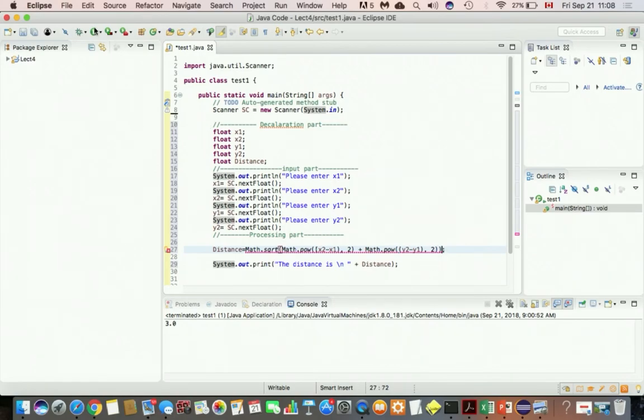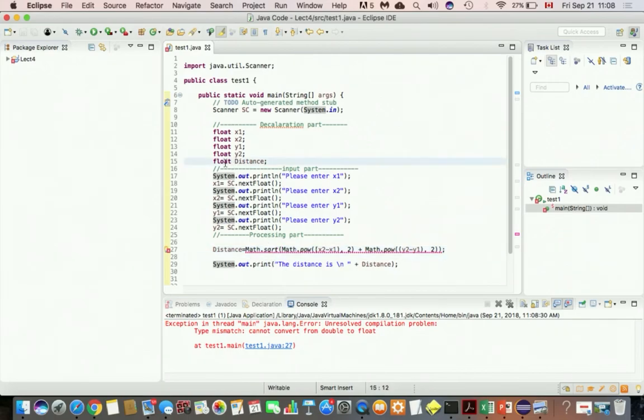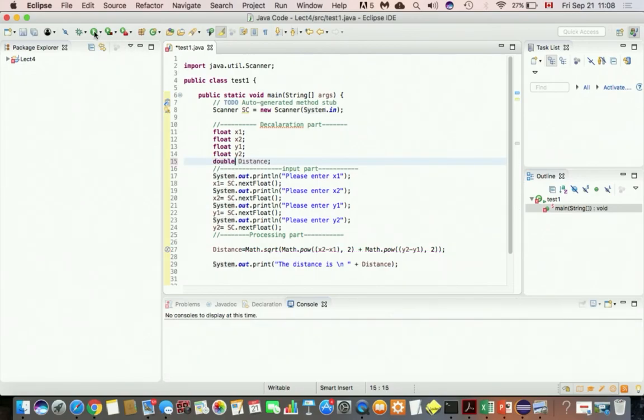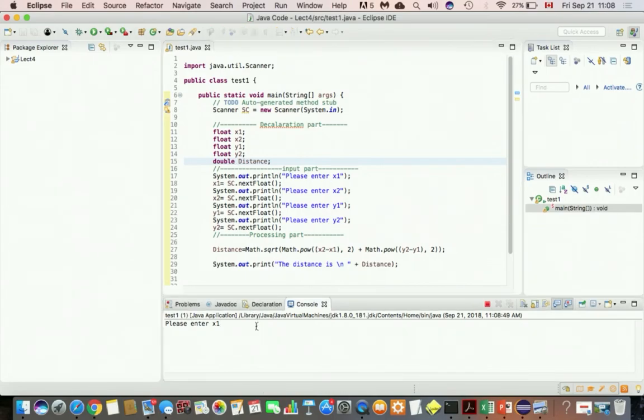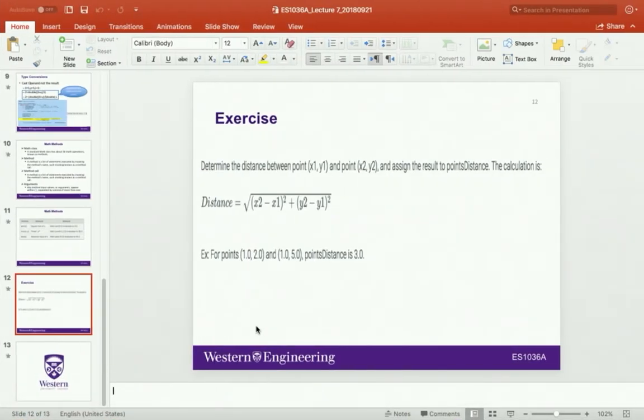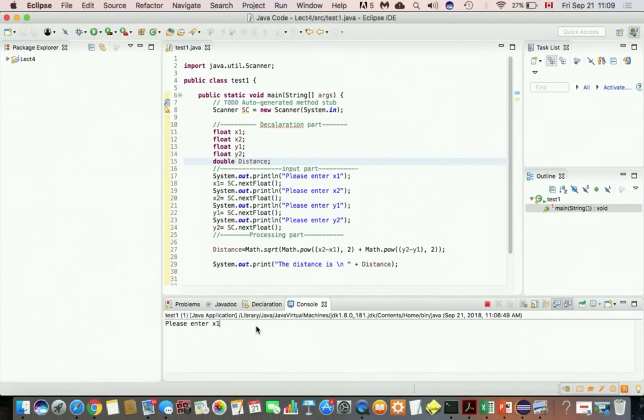Okay, let's run our program and see. Oh yeah, Math.sqrt and Math.pow don't like using floats. Should be double. Yeah, that's okay. So now, what is the example here? It tells me to enter 1 and 2 and 1 and 5.